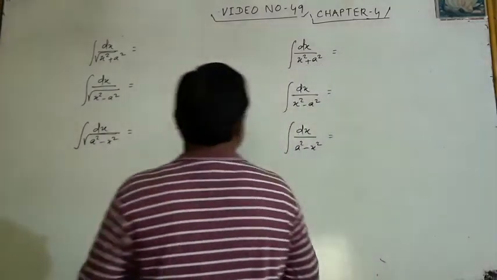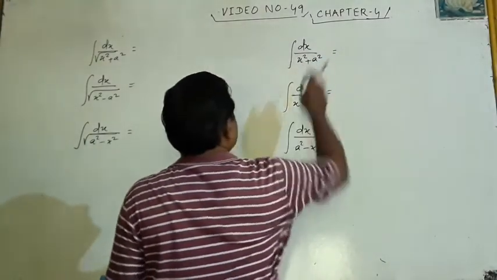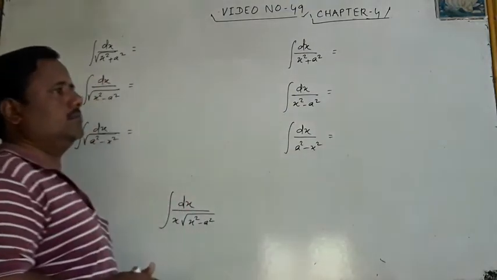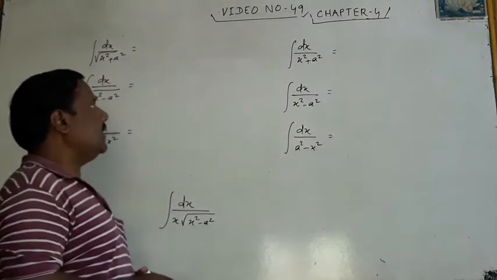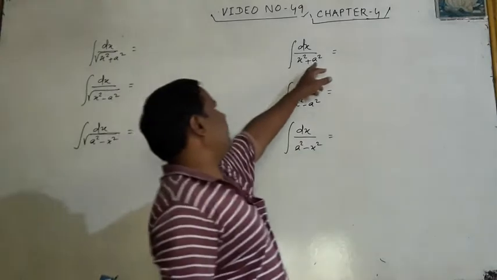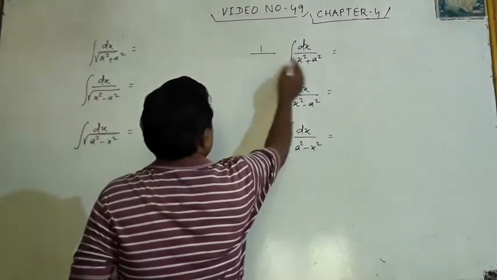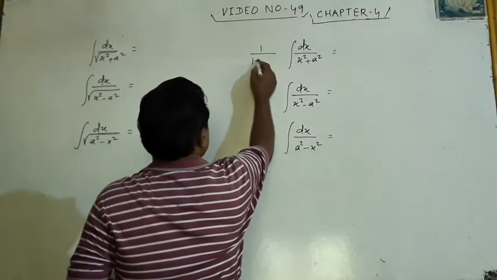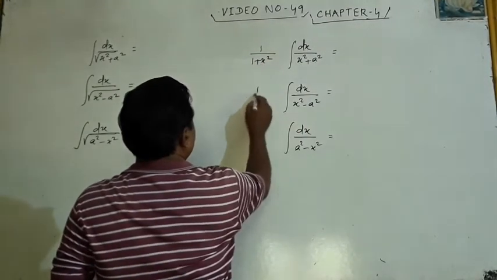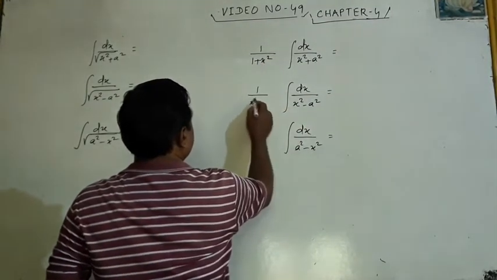Look at here. Suppose the dx is not there, and you put 1 in place of a square. It is 1 by 1 plus x square. It is 1 by x square minus 1.